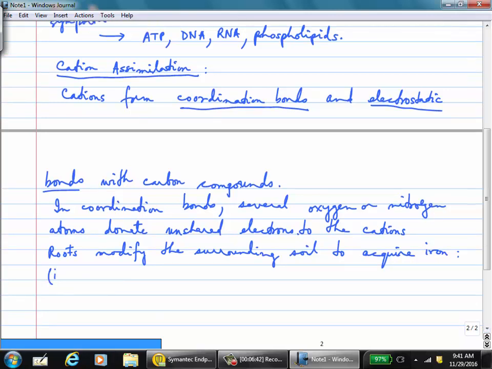Number one is soil acidification. And how can the roots make the surrounding soil more acidic? By pumping what? Protons, yeah.